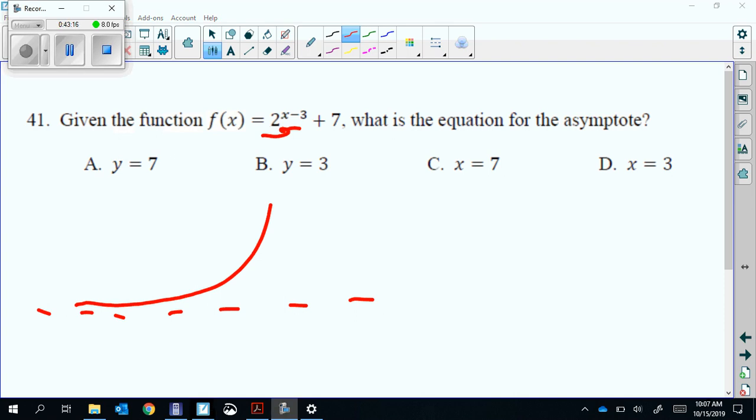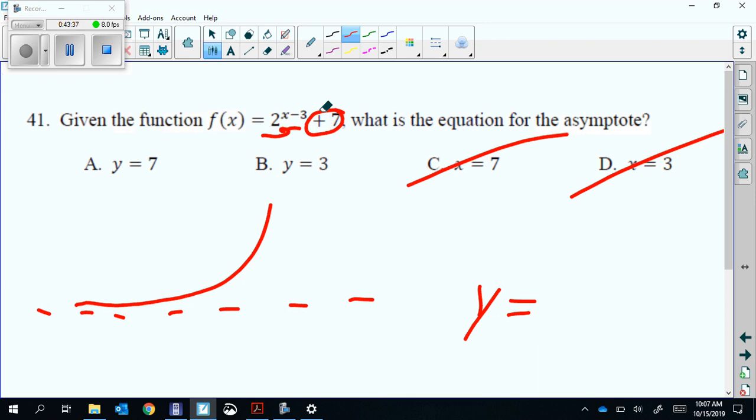So since it is a horizontal asymptote, that is a y equals asymptote. Horizontal lines are y equals. So we can cross those out. And then the horizontal line is based off of the vertical shift. This thing has a vertical shift of 7. That's the vertical. So it's A.